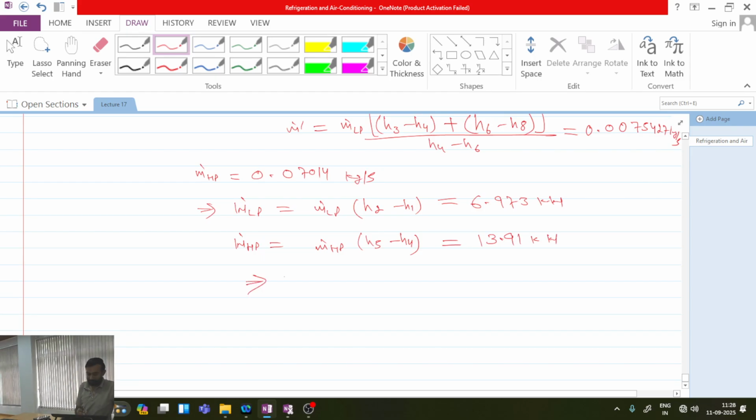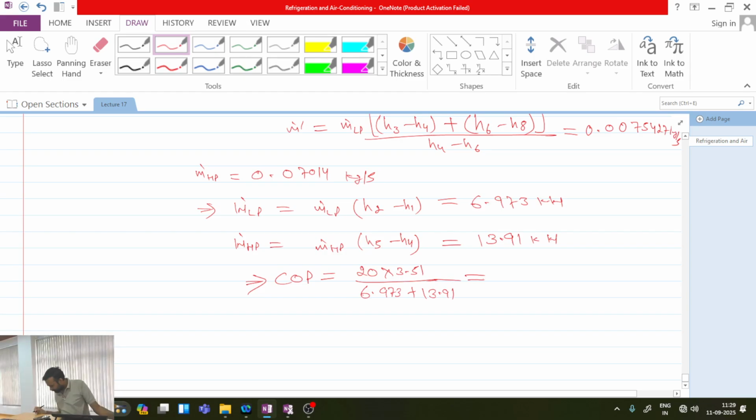Now can you calculate COP? What will be COP? Total refrigeration effect is 10 ton in evaporator 1, 10 ton in the other evaporator. 10 plus 10, 20 into 3.51 divided by work, which will be 6.973 plus 13.91.